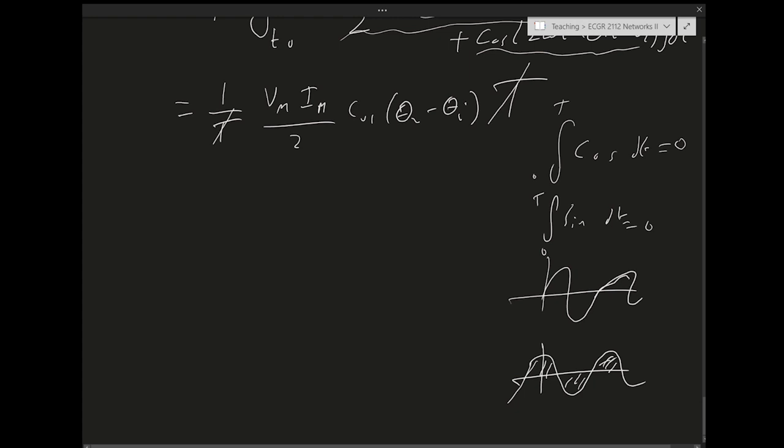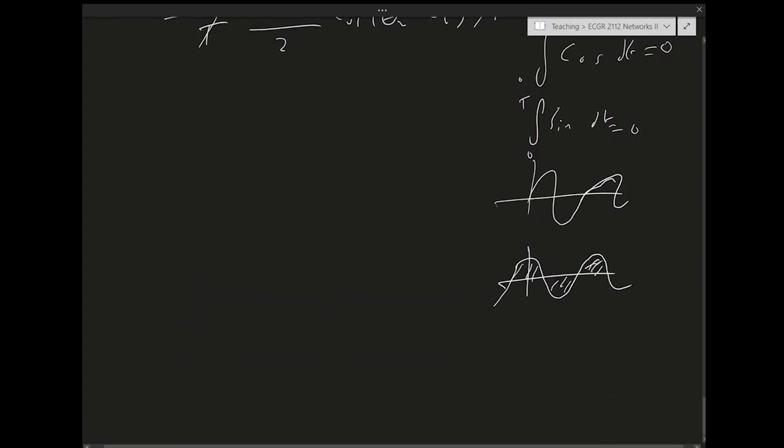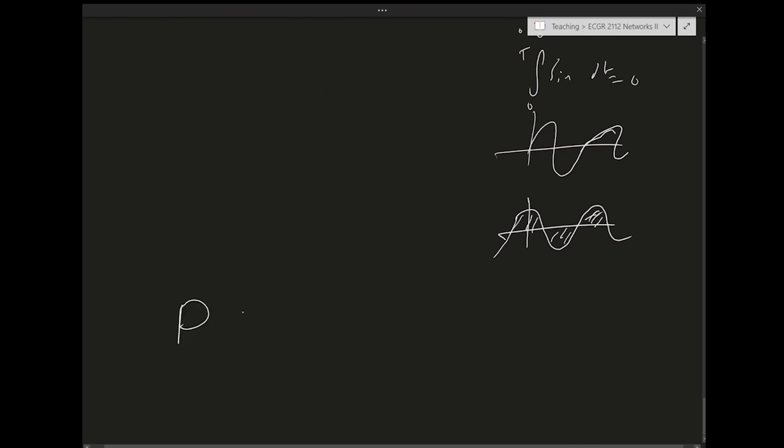So this whole thing goes to 0. So I end up with the average power being half Vm Im cosine theta V minus theta I.